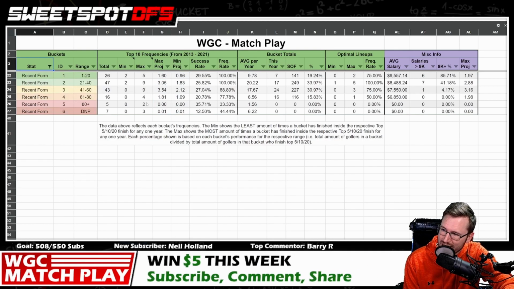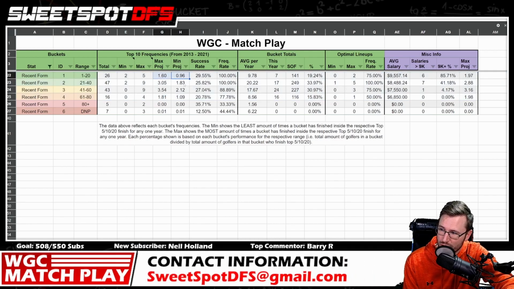Next bucket, recent form bucket. Basically, there are no recent form 5 or 6s, so you're really just looking at recent form 1 through 4, and we got 0 to 2, 1 to 4. This is 2 to 4. So having good recent form is kind of where you want to stick to.